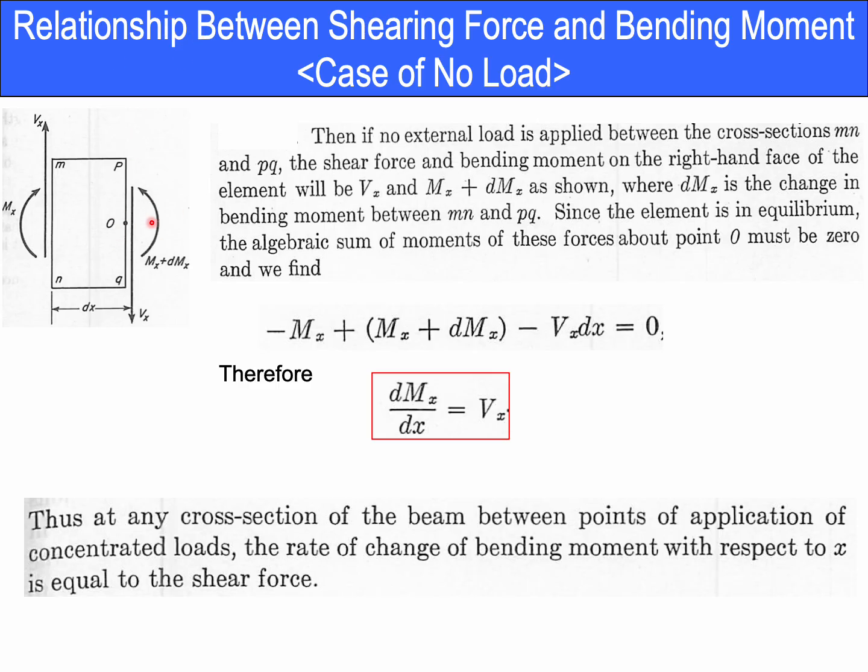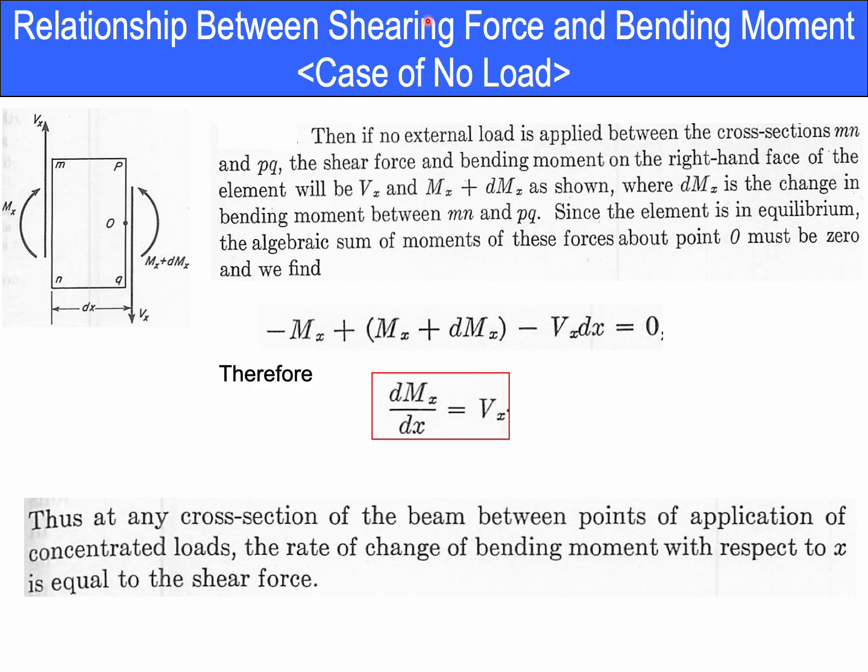So there's no difference in Vx between the cross-sections. Therefore, the shear force and moment on the cross-section PQ should become Vx and Mx plus dMx respectively.